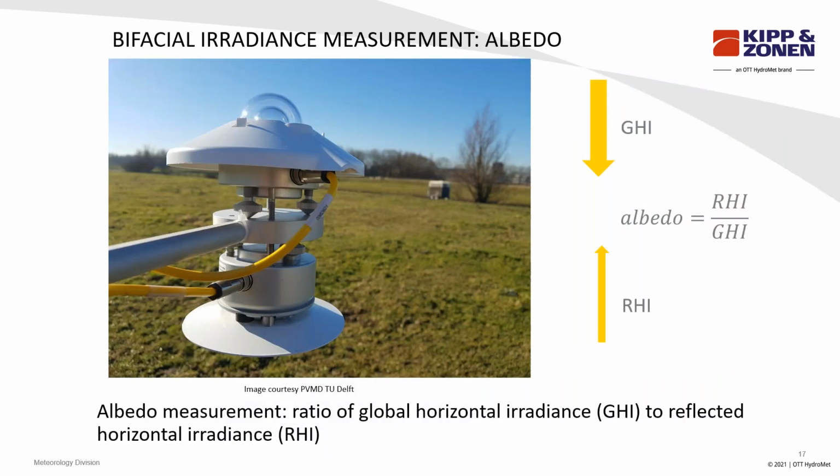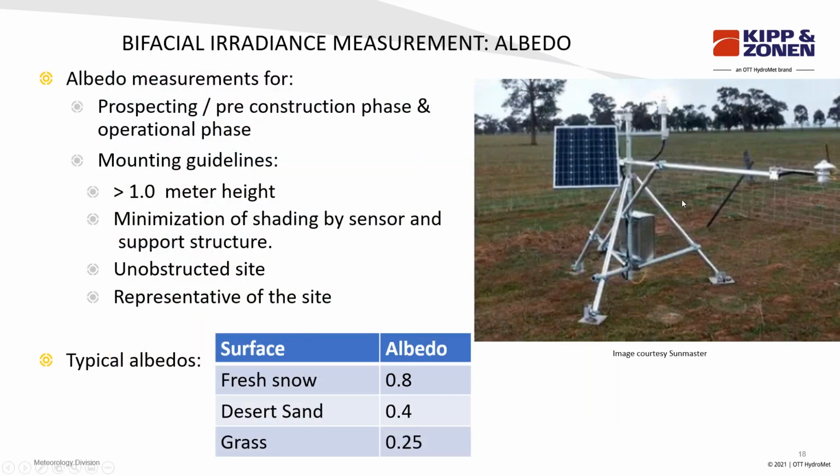In this case, we have two class A pyranometers mounted, one looking up, one looking down. So this is a good recommendation: if you want to have solid prospecting data, take an albedo meter with class A pyranometers.